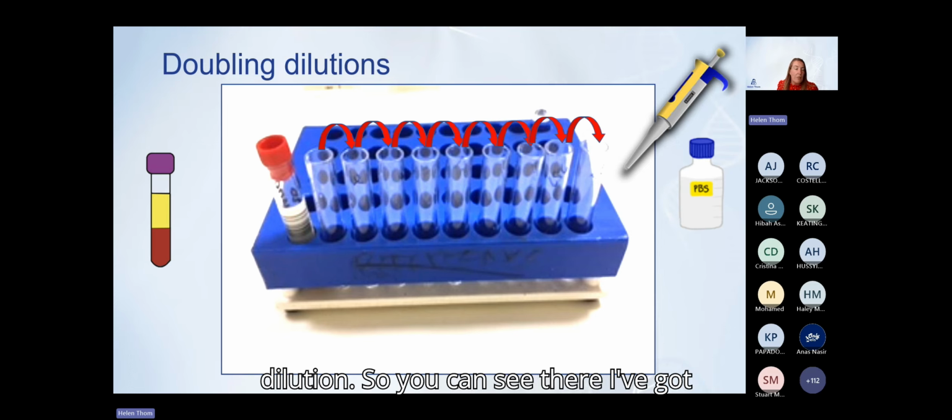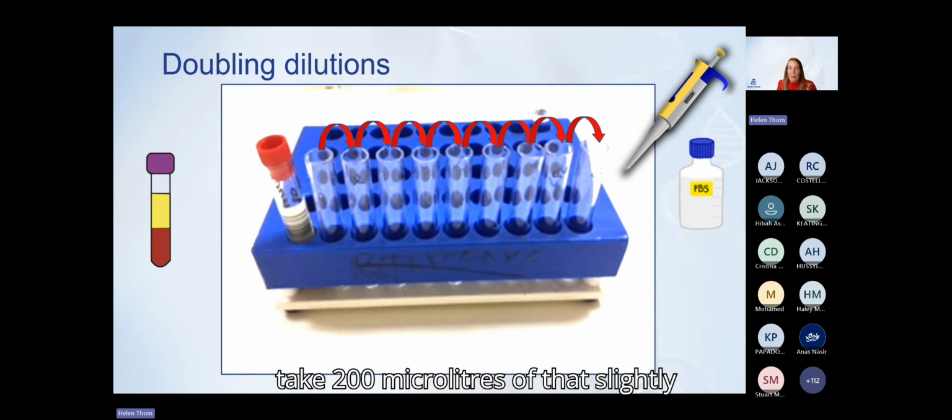So you can see there I've got on the left-hand side, that is the patient's plasma. So you would take 200 microliters of the patient's plasma, and each of these subsequent tubes contains 200 microliters of PBS. So what we'd do is take 200 microliters of the patient's plasma, put it into the first tube with your PBS, mix it up, change the pipette tip so that you don't get any carryover.